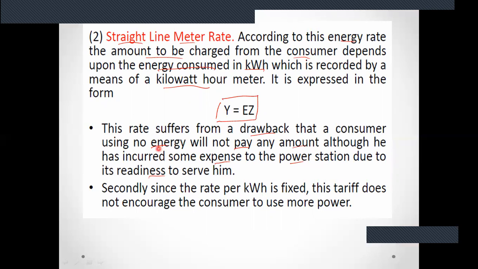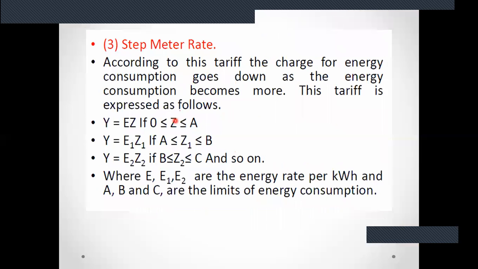The second thing is that since the rate per kilowatt hour is fixed, this tariff does not encourage the consumer to use more power. Suppose a consumer has more power available, since it has a fixed rate, they would not be able to use this power.